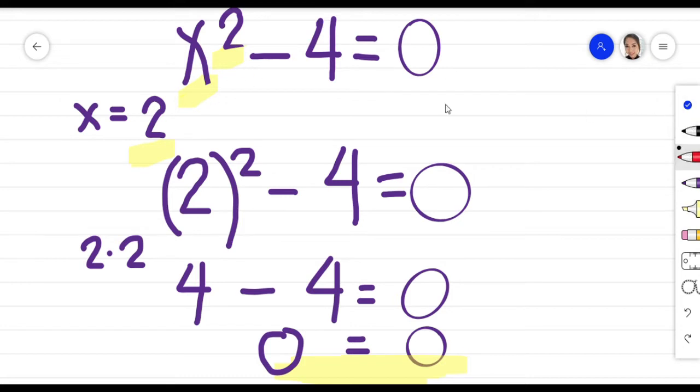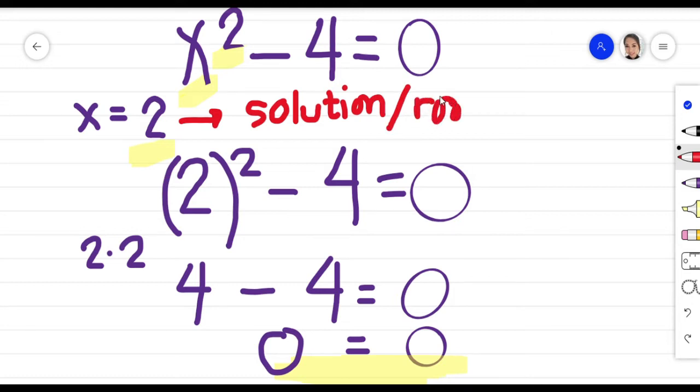Then we can call 2 a solution, or the term root. Now, do you think there is another solution or root for x squared minus 4 equals 0?